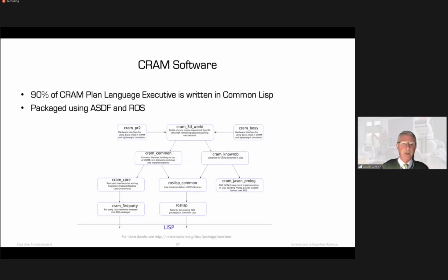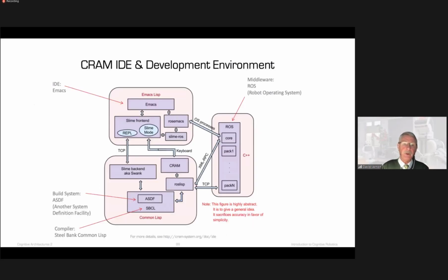In terms of CRAM itself, I'll just remark that 90% of CRAM is written in Common Lisp, packaged using ASDF, utilizing ROS for everything. It uses Emacs Lisp. I asked Gayane about this a couple of years ago, and I said, this is a complicated diagram.